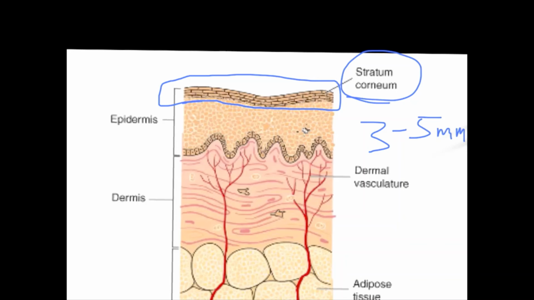So you can see it's a pretty thick layer, and we have to get through that. But once we get through that, then we can get into the vascularity if that's what we want, or we can get into the connective tissue or the other tissue that we may want the medication to be in. But keep in mind, once we get past the stratum corneum, we are close to getting into the superficial vasculature and capillaries. So that's the important thing, stratum corneum.